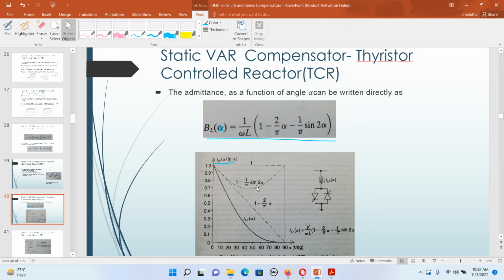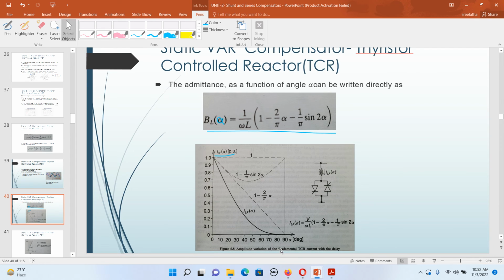What happens if you have only these two terms? This is how they draw a picture: amplitude variation of fundamental TCR current with the delay. How much amplitude is varied if you keep on varying your alpha?